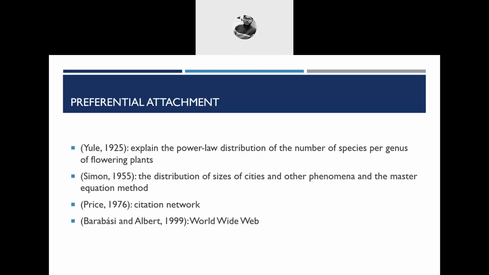The page ranking algorithm works on this principle of preferential attachment. Pages with more hits will be connected with another page which has a higher degree of hits. That is how the Google crawler accounts the pages in the Google database. So that is preferential attachment.